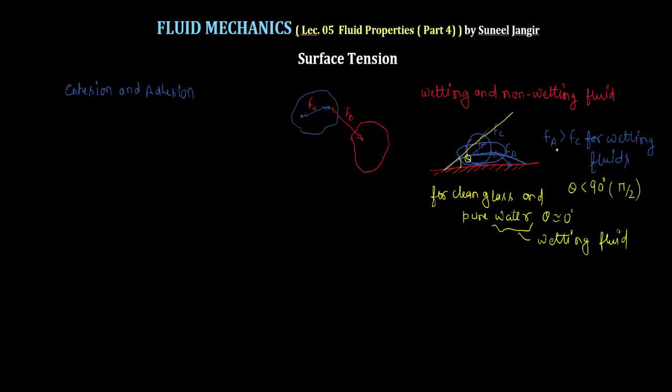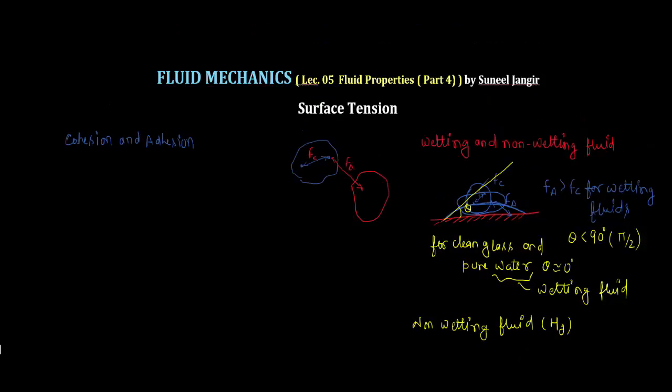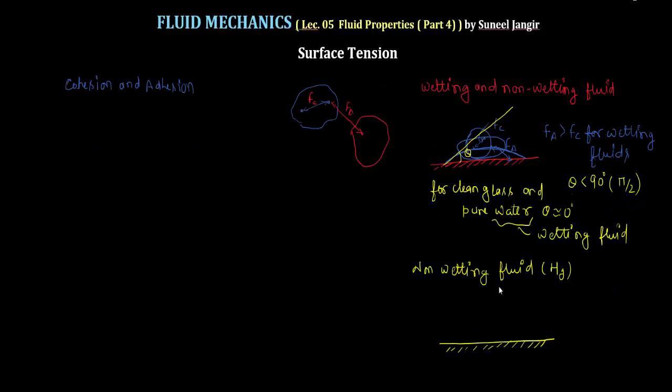Now if we define a non-wetting fluid, like mercury, suppose there is some solid surface here and some fluid over this solid surface, say mercury.